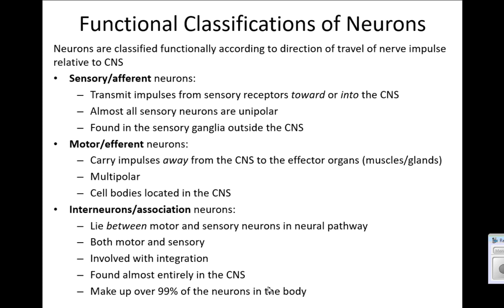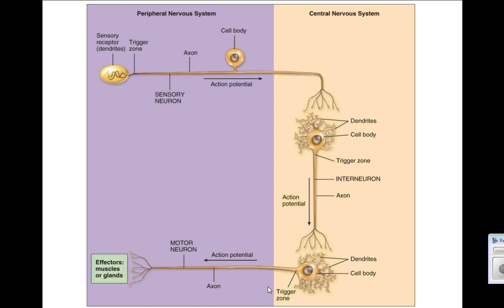Our brain and spinal cord are primarily made up of interneurons. You guys remember what the prefix inter means? Between. That's why I like the name interneurons, because these are located between sensory and motor neurons.